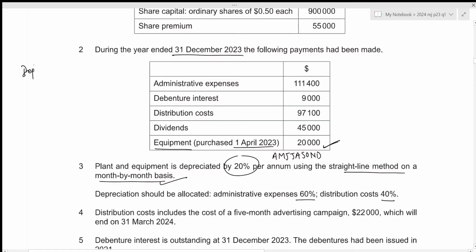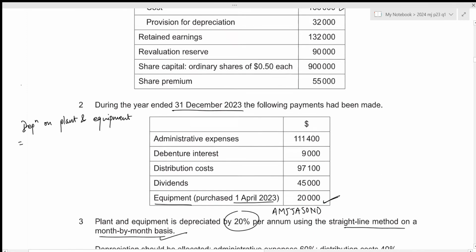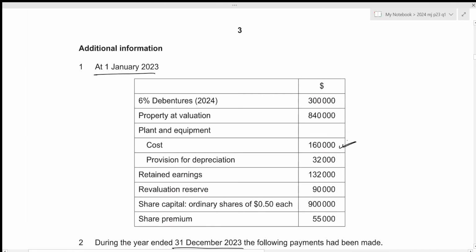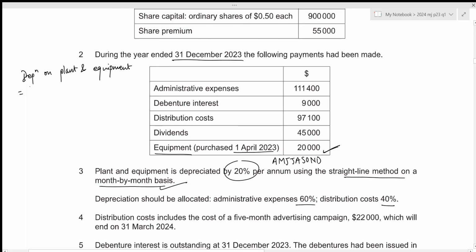Let's do that. Depreciation on plant and equipment is just going to be 160,000, which was the existing plant and equipment. So 160,000 times 20%, plus for this 20,000, that will be times 20%, but we only use it for the 9 months. So times 9 by 12.